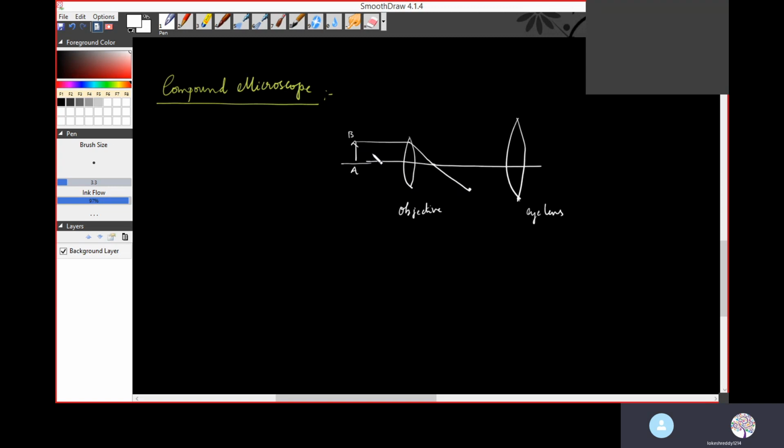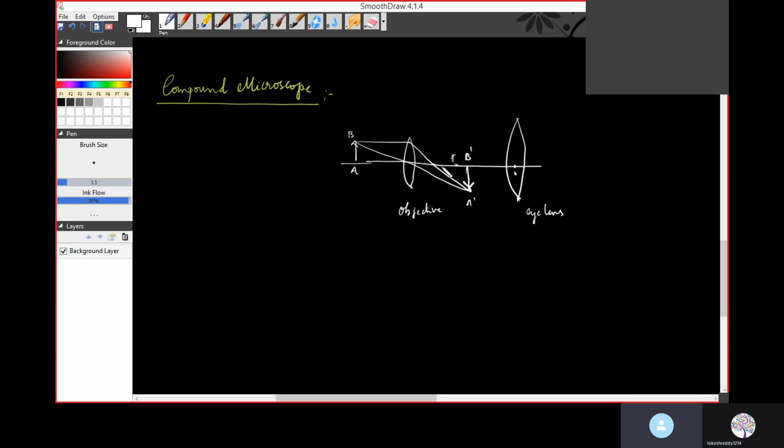The other ray you draw through the optic center. The image forms here, B dash and A dash. You have to see that this forms between the focus and optic center of the eye lens. If the object is between the focus and optic center, it forms a virtual, erect and magnified image.